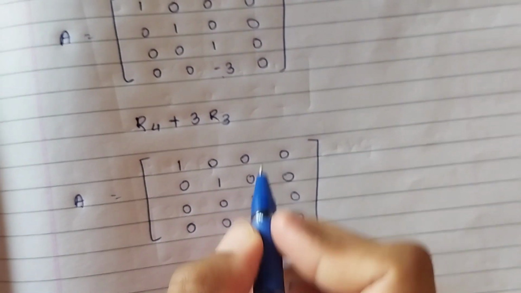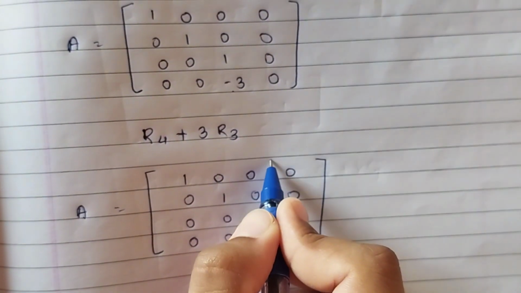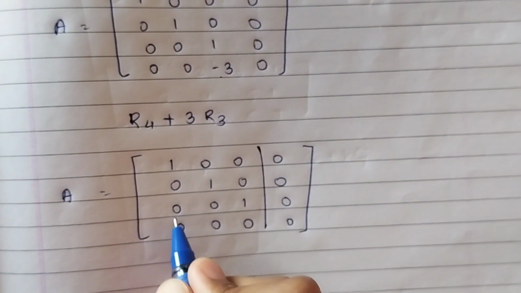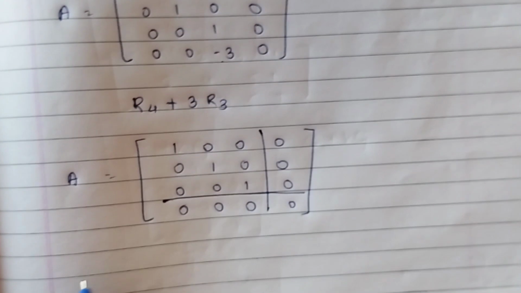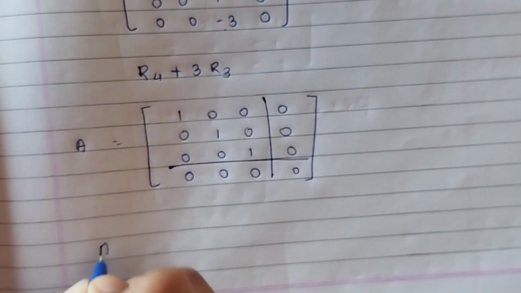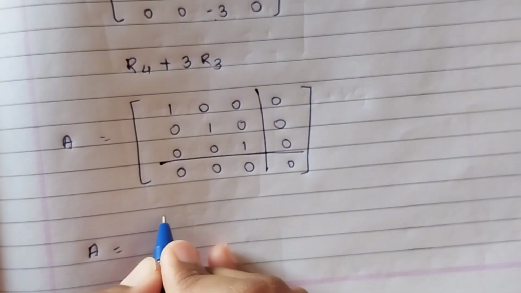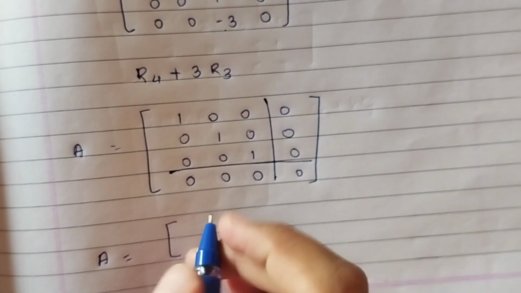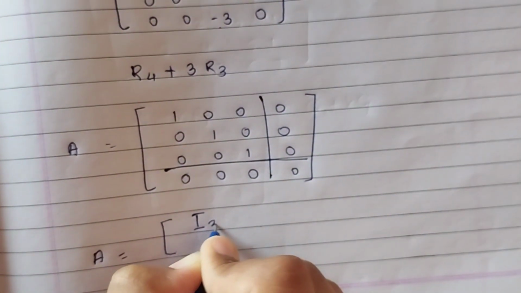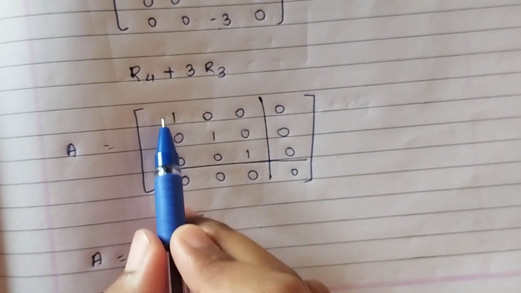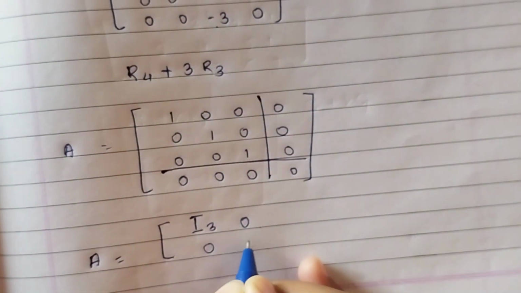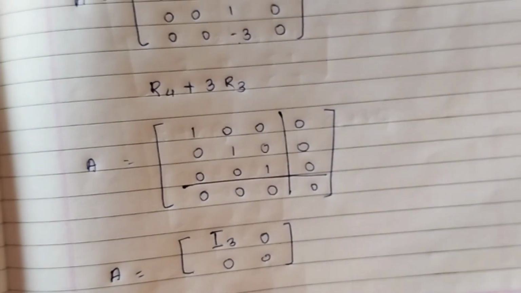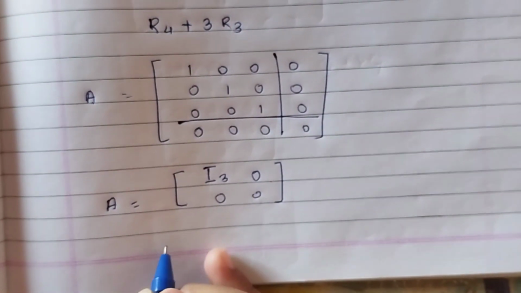Now look, this whole column is 0 and the row below is 0, so the A matrix is of the form I3 0 0 0, because the non-zero rows are 1 2 3, and this is the normal form.